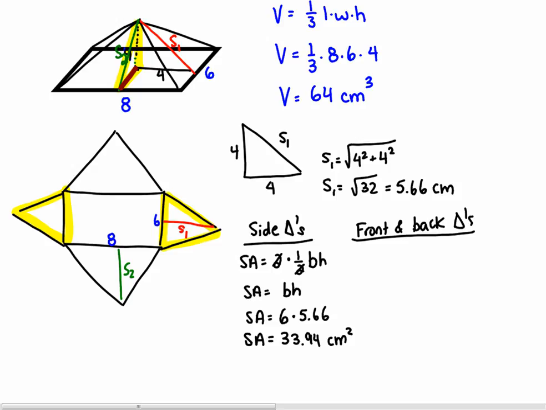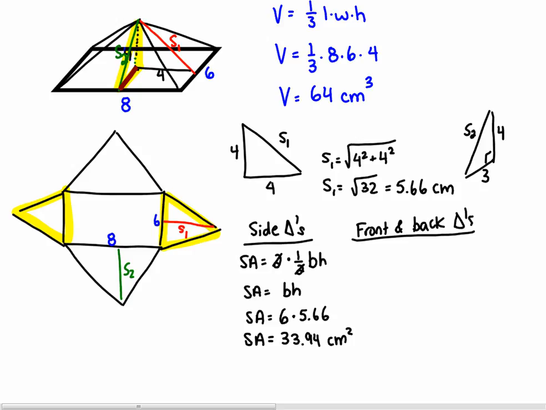That triangle, just sticking out like this, is a right triangle. Height was 4. This is S2. What's this base dimension going to be this time? What's this length right here? It's going to be 3, half of the 6. It's parallel to 6, so it's half of the 6. This is a 3.